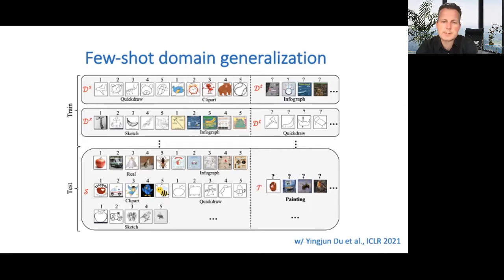But the problem with batch statistics is that they become unstable with small batch sizes, like we have in few-shot learning. And they are also unreliable when the distribution shifts. So we proposed the MetaNorm algorithm, which tackles these issues by leveraging the meta-learning setting, and it learns to infer adaptive statistics for batch normalization, even across domains.